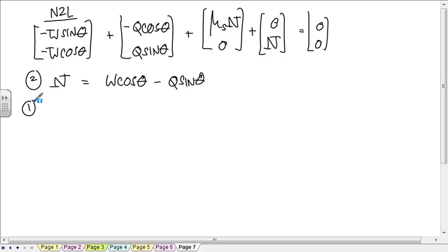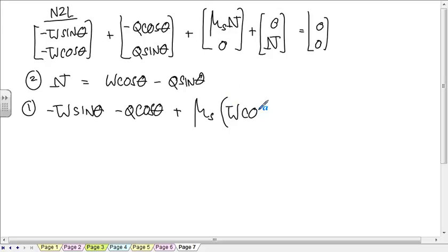And plug that into equation 1 and you get minus W sine theta minus Q cosine theta plus mu sub s times W cosine theta minus Q sine theta is equal to 0.